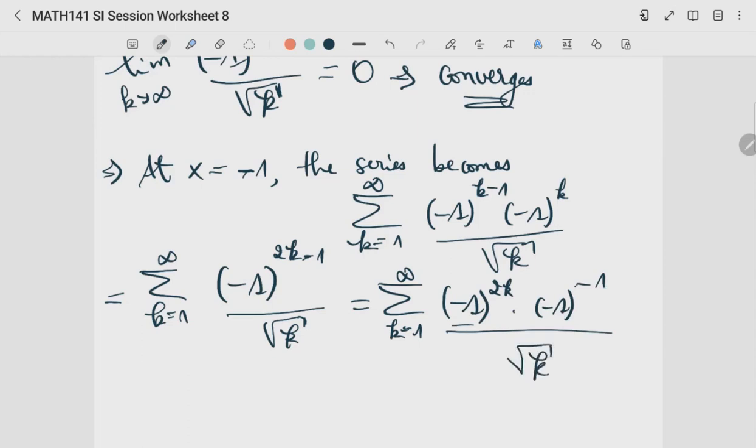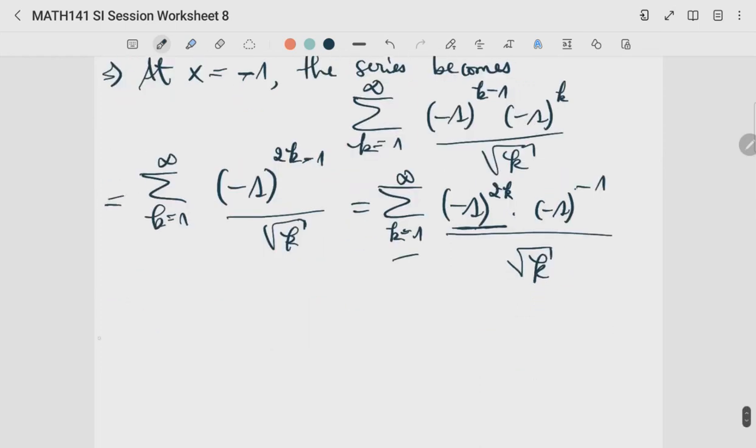So this first factor here, (-1)^(2k), we know that it will always be +1, whatever the value of k is. So it doesn't alternate sign, and we can just eliminate it out of our series.